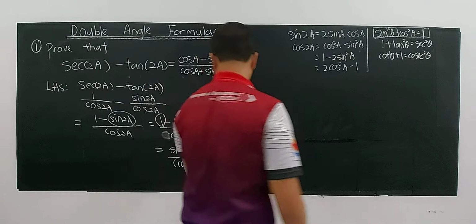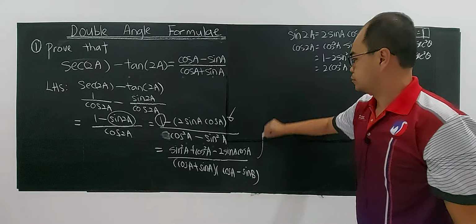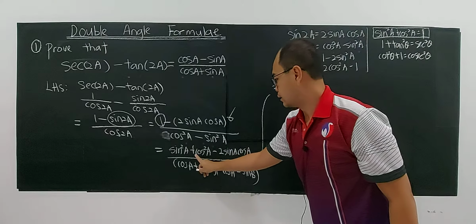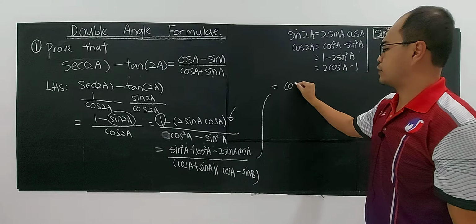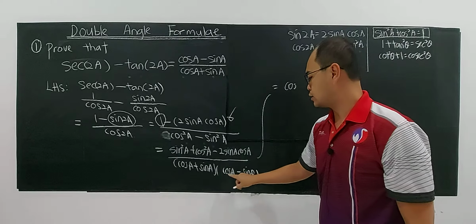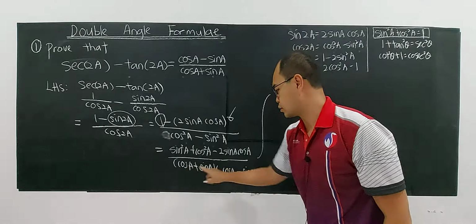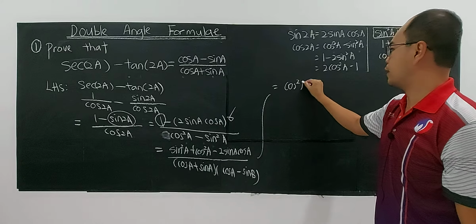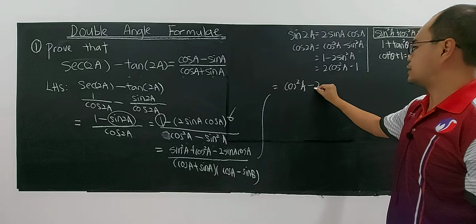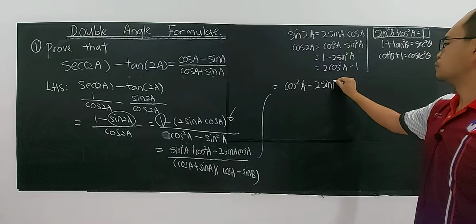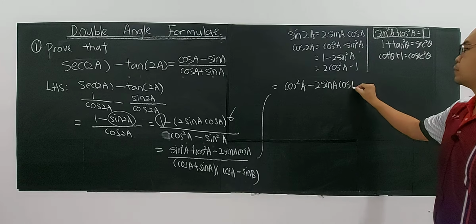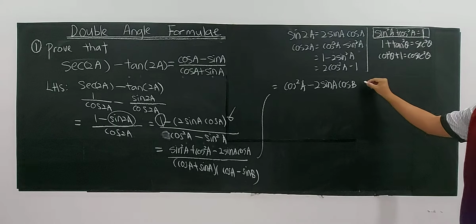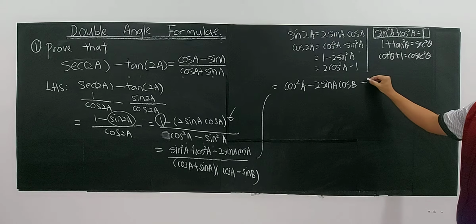So okay, let's see. Then I rewrite the cos square A. I rewrite the cos because you see cos minus sine, cos. So I put the cos as the first term, cos square A. Then I write it such that it's a quadratic form, cos A, plus sine square A, right?